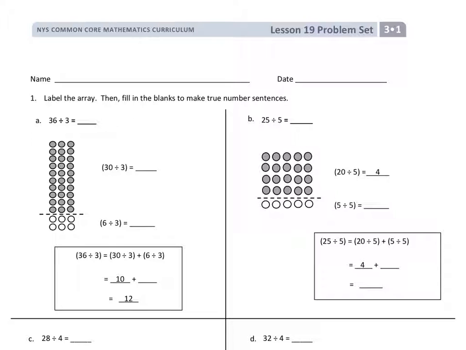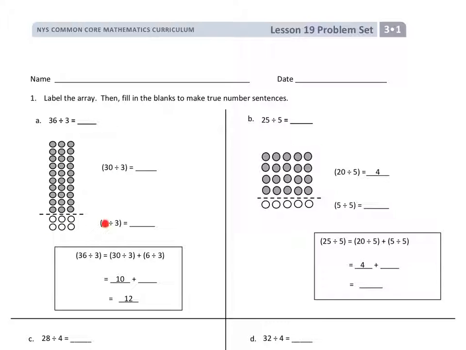To do that, we have letter A, which is 36 divided by 3. 36 divided by 3 is broken down into 30 divided by 3 and 6 divided by 3. You can see that 30 divided by 3 is representing the top array, and 6 divided by 3 is the bottom array.